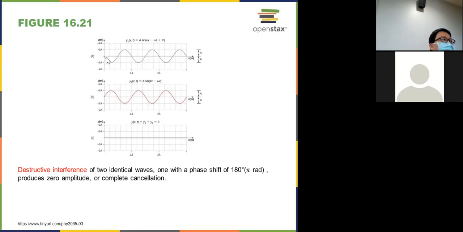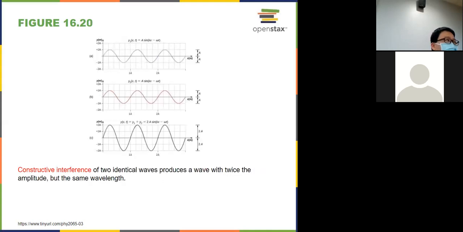If you shift this one by 180 degrees to either the right or the left, it's identical to the other one. So if there's a phase difference of 180 degrees, or pi, they will cancel out. That's called destructive interference. On the other hand, in the previous slide, you can see they're identical. There's no phase difference between these two, so they will add up. It's called constructive interference.